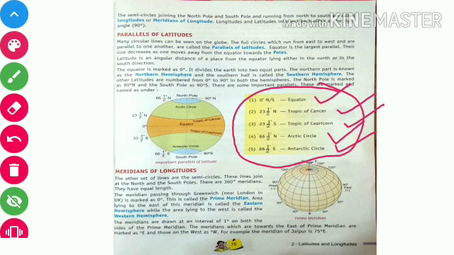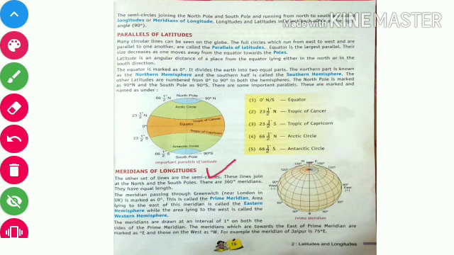Now come to the point, meridians of longitudes. The other set of lines are the semicircles. These lines join at the north and the south poles. There are 360 meridians, and they have equal length.